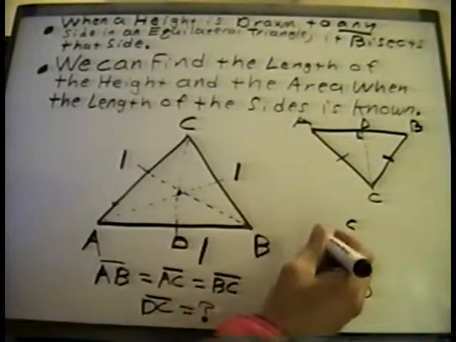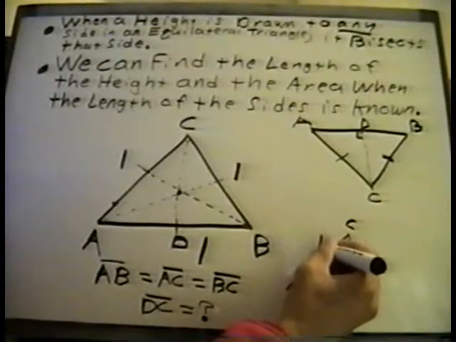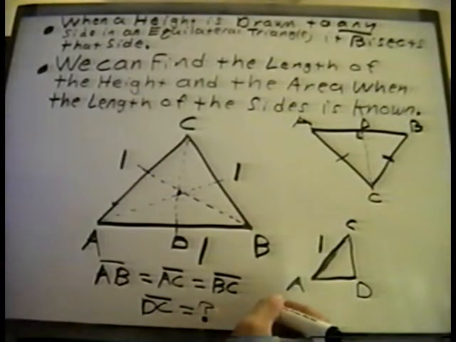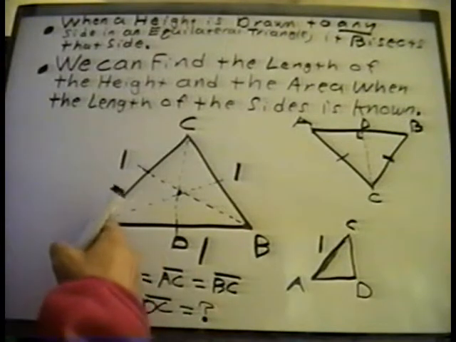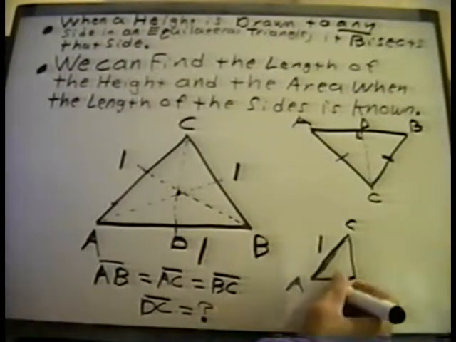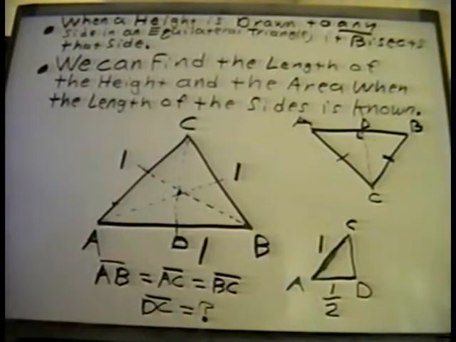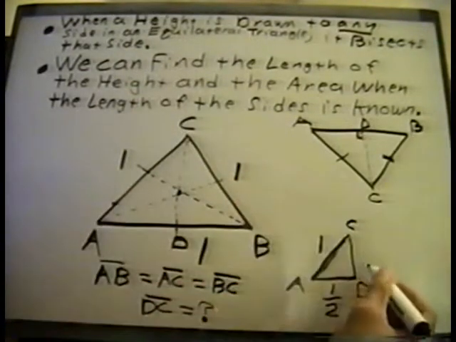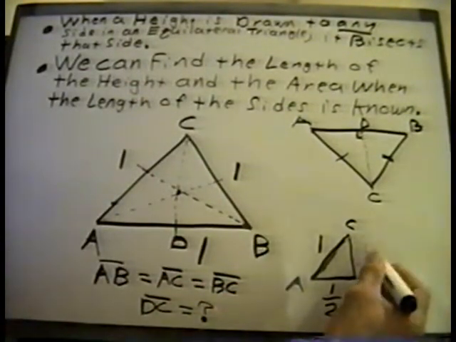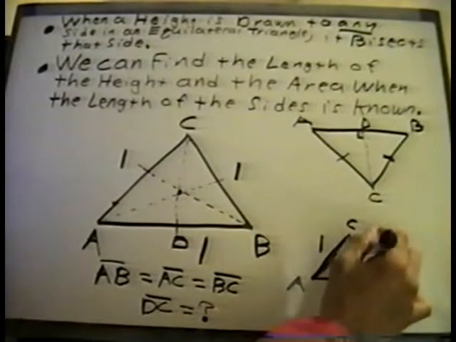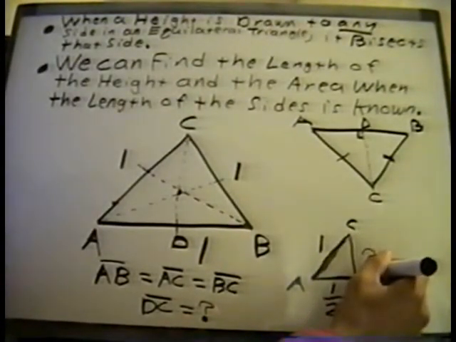So here, this would be 1. If AC is 1, then AD is 1/2. Now we want to see what is CD or DC.